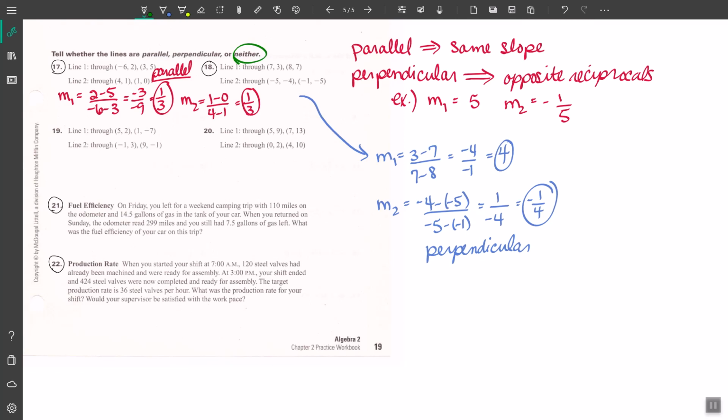They're just two lines that run in different directions and at some point will cross, whether we can see it on the little graph that we're going to make or whether it would be off somewhere in the distance on the graph that we may not ever see because we wouldn't make the graph that large. So if they're neither parallel nor perpendicular, that just means they have completely different slopes.